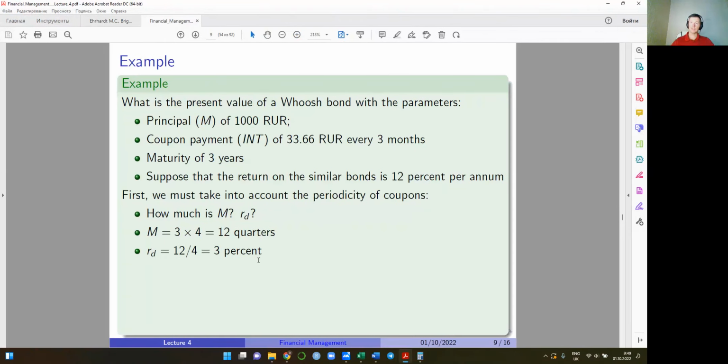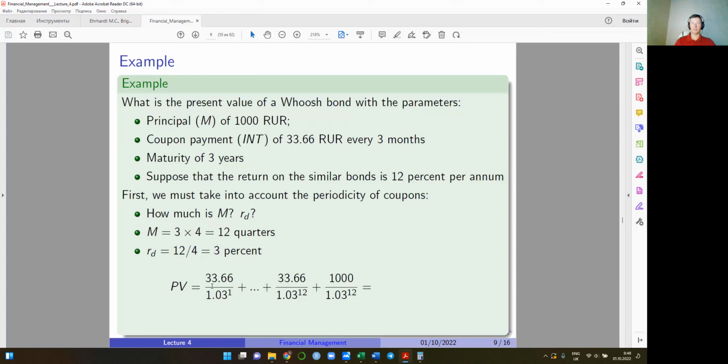And now with these characteristics, we can apply the formula we have seen on the previous slide. We need to take every payment, it's a quarterly payment, divide this by 1.03, the quarterly discount rate, to the power of 1, 2, 3 up to 12, because after 12 quarters this bond is going to mature.